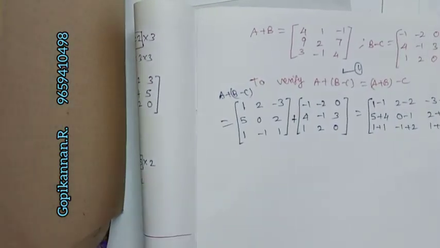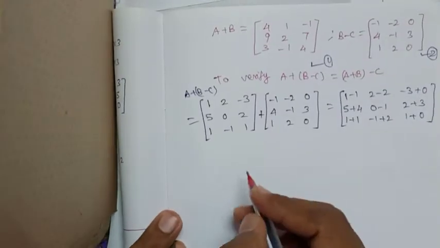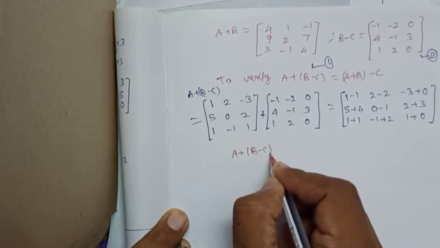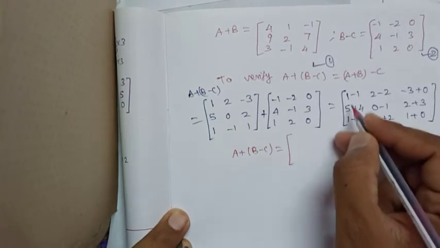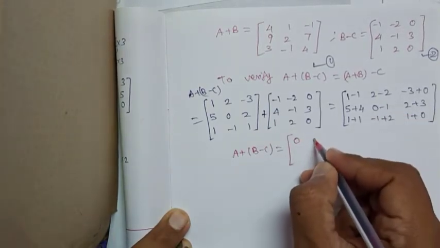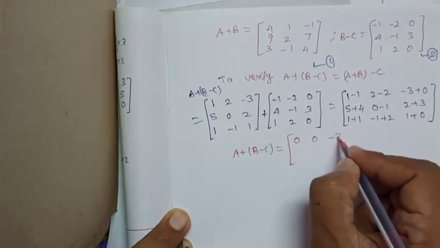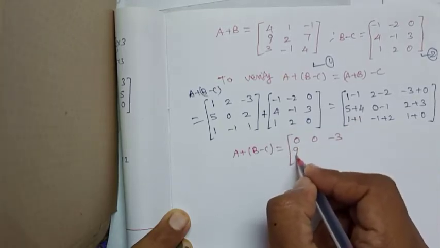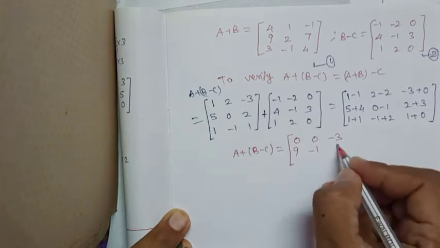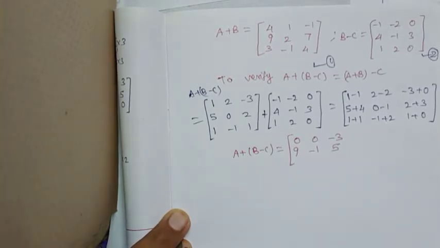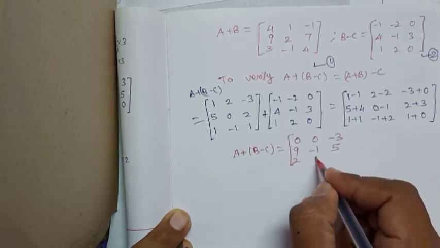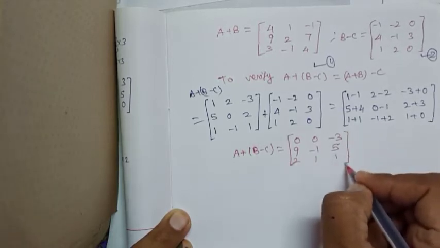So the left hand side value is A plus (B minus C), which is equal to 1 minus 1, that is 0, 2 minus 2 also 0, minus 3 plus 0, minus 3, 5 plus 4, 9, 0 minus 1, minus 1, 2 plus 3 is 5, and in the third row 1 plus 1 is 2, minus 1 plus 2 is 1, 1 plus 0 is 1.